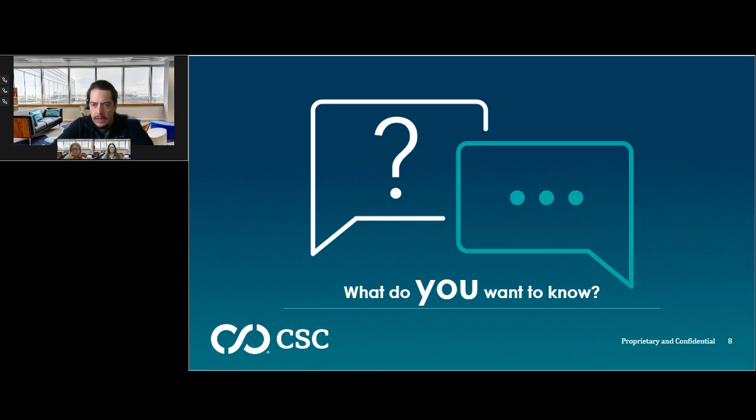So the first one we have: are there opportunities for someone that lives internationally? I can go ahead and take this one. So yes, there are definitely opportunities for someone that lives internationally. We are a global organization. We have offices across the EMEA region. We also have positions in India and Asia Pacific. So there are definitely opportunities.